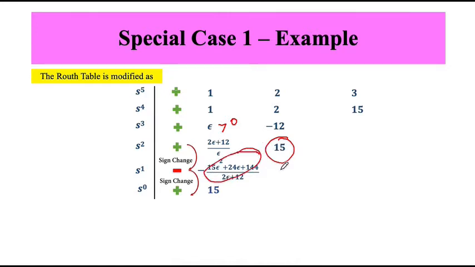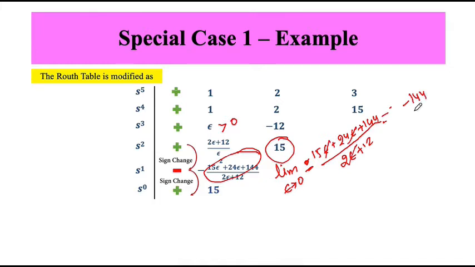If I put the limit epsilon goes to 0, minus 15 epsilon plus 24 epsilon plus 144 over 2 epsilon plus 12, this will get cancelled, so its total is negative. It is minus 44 divided by 12. So it's a negative number, and then the last number becomes 15.